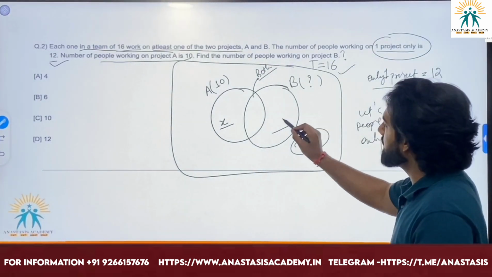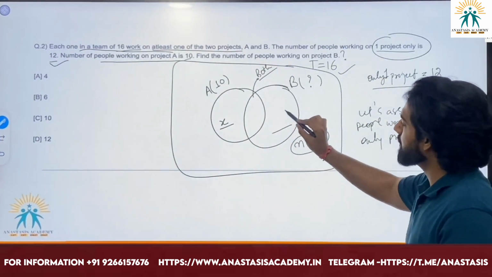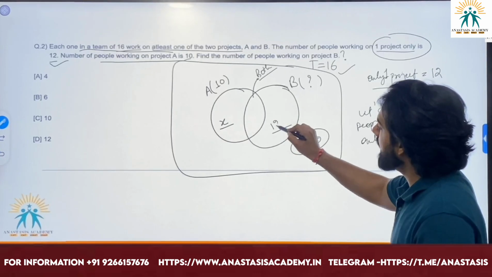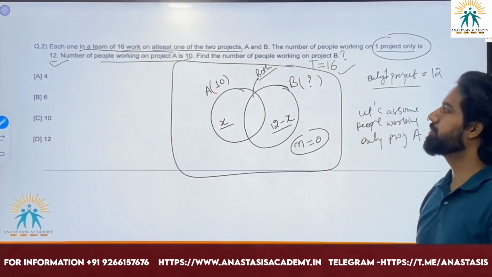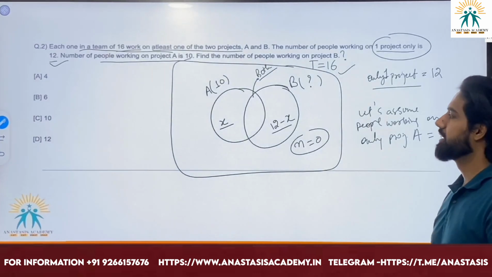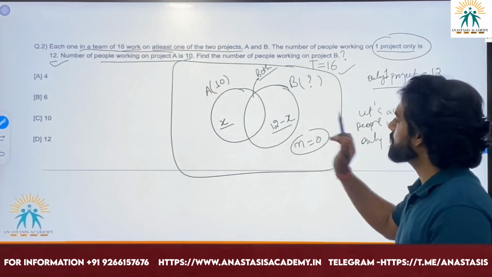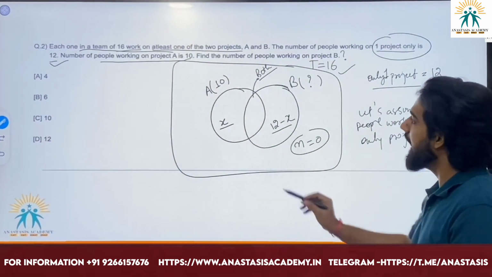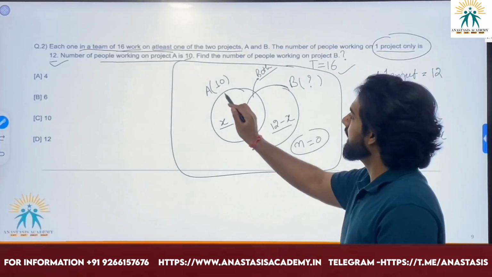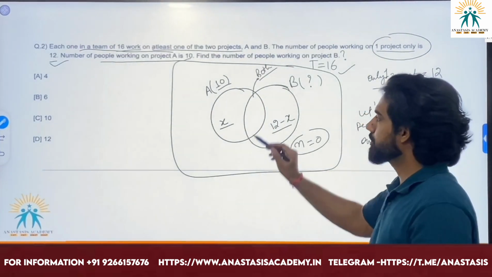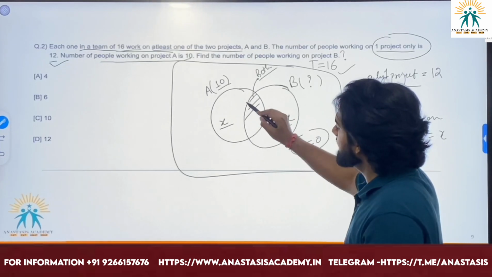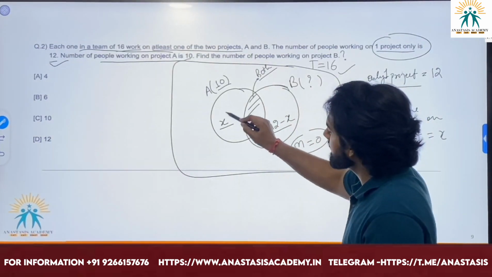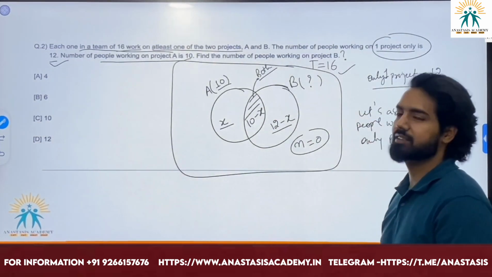So the people working only on project B would be 12 minus X. So this is X, this is 12 minus X, and the total number of people working on project A is 10. So this region would be the total minus X, that is 10 minus X.